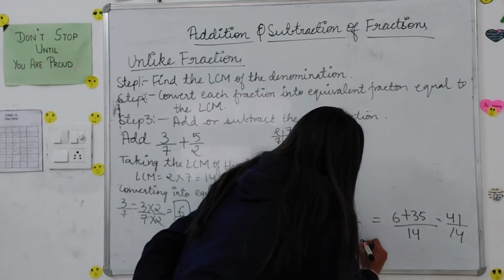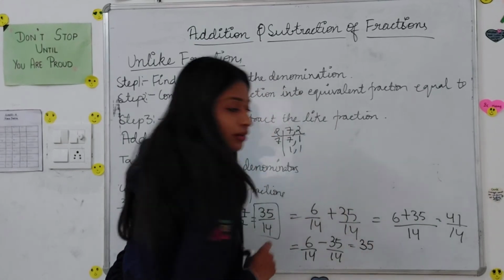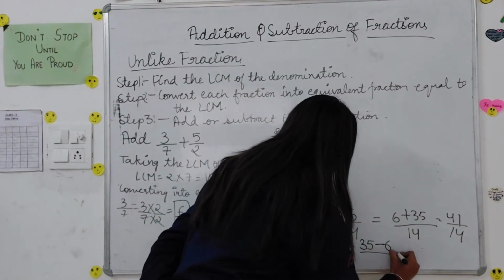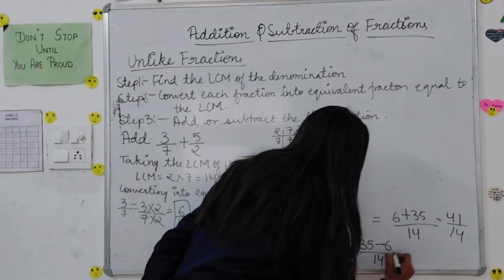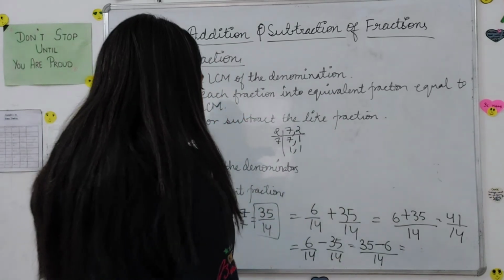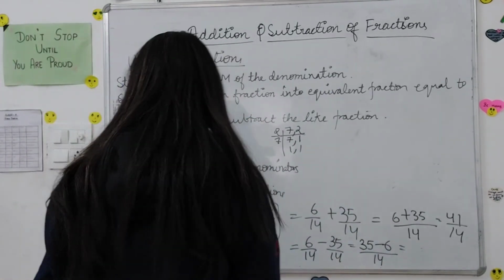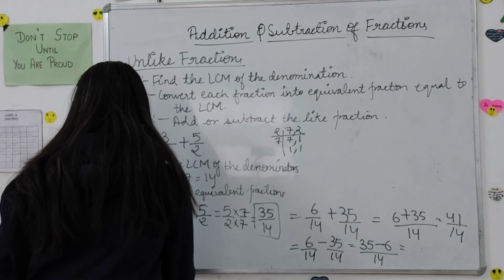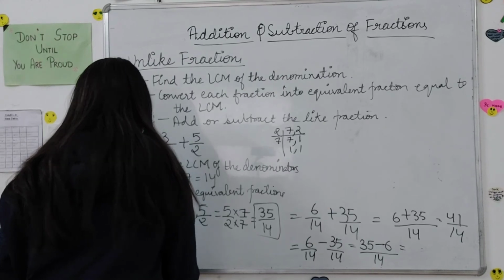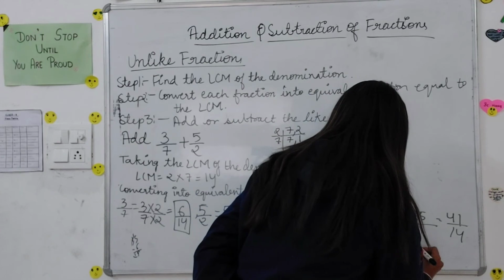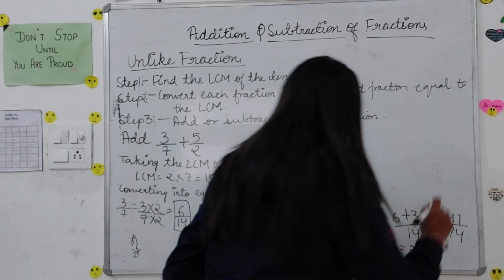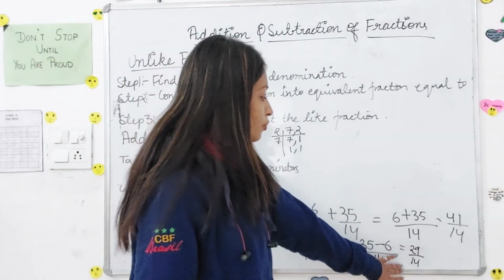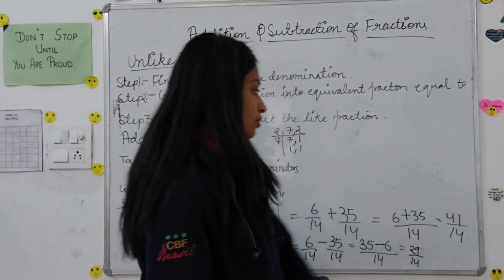So, bigger numerator minus smaller numerator upon common denominator. So the answer will be 29 upon 14. Now this is also an improper fraction. So what will we do? You will convert it into a mixed fraction.